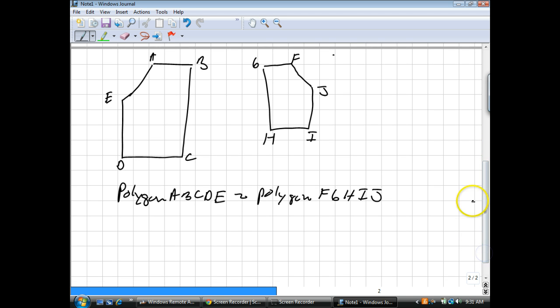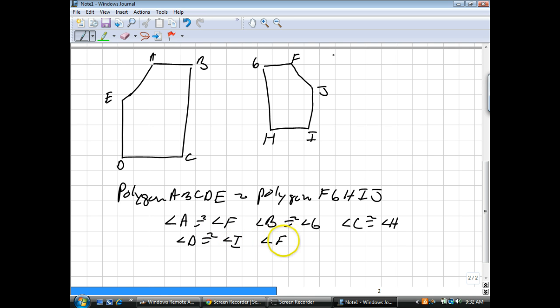Then that means that A corresponds to F, so angle A is congruent to angle F. B corresponds to G, so angle B is congruent to angle G. Angle C corresponds to angle H, so C is congruent to H. And angle D corresponds to angle I, so they have to be congruent.